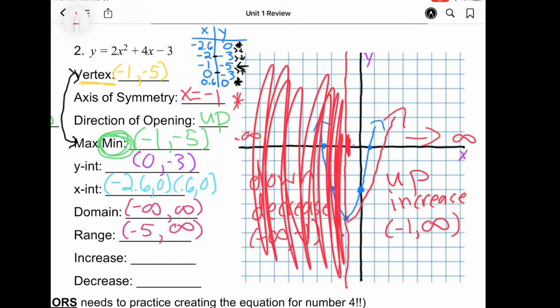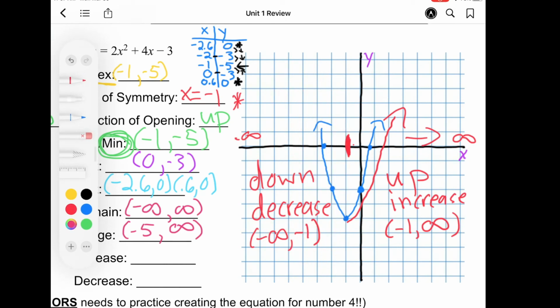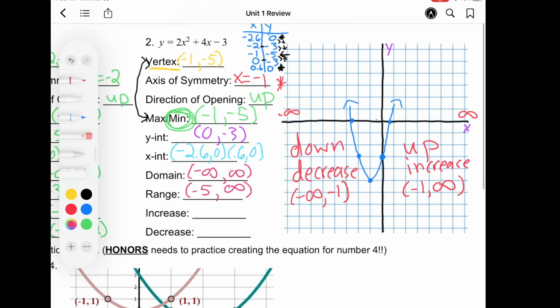So that is our interval of increasing. Once we have this information, we can identify which one's which. Our increase was -1 to +infinity, and our decrease was -infinity to -1.